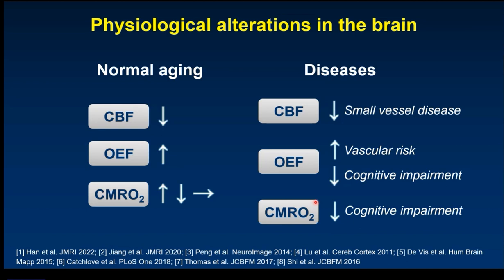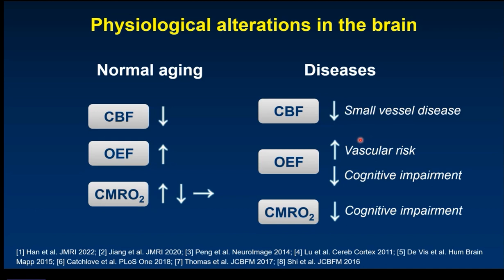And as we talked about before, OEF is a balance between CBF and CMRO2. So for people with vascular risk, OEF will increase, but for people with cognitive impairment, OEF will decrease.